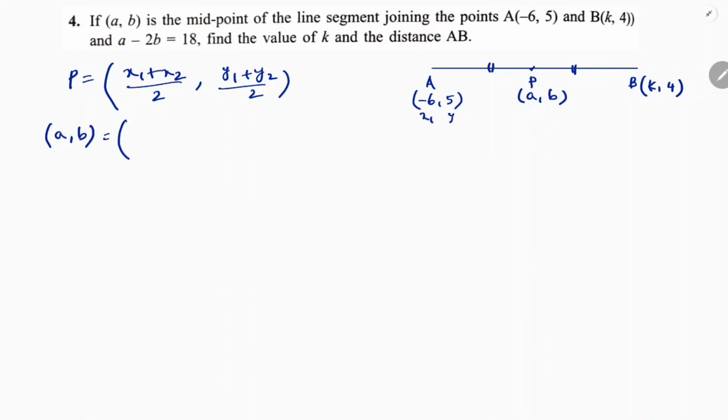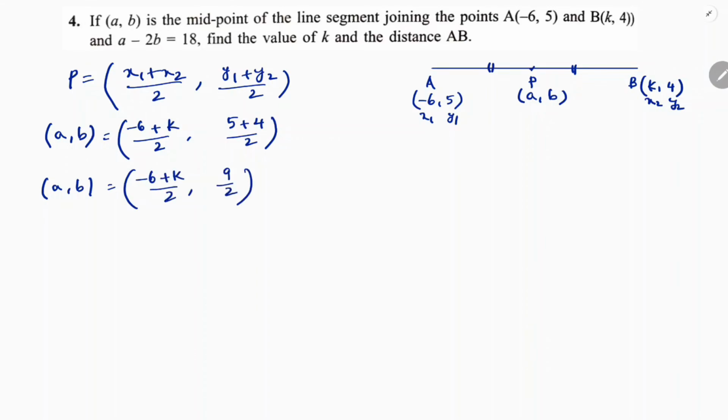Here x1, y1 and x2, y2. So clearly, x1 is (-6 plus k) by 2, y1 is (5 plus 4) by 2. If we simplify one more step, minus 6 plus k will remain as it is by 2, and 5 plus 4 is 9 by 2.